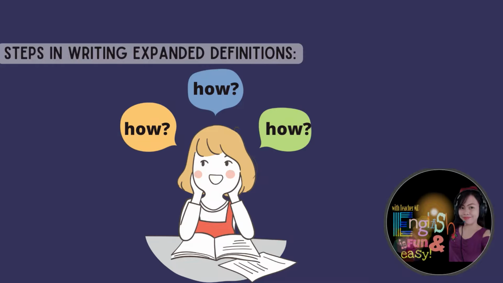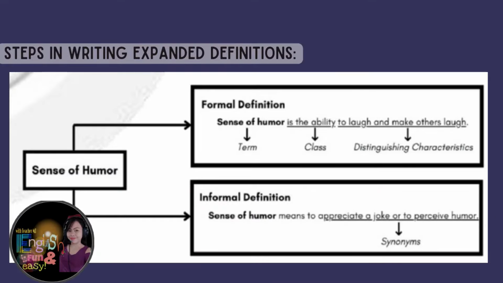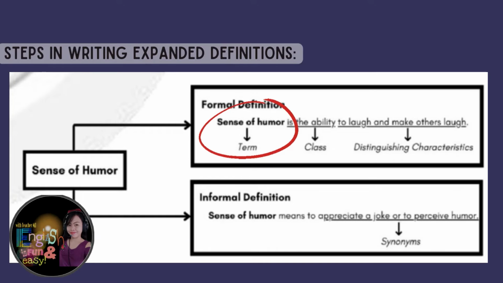Let us first differentiate formal and informal definitions. A formal definition consists of three parts: the term being defined, the class it belongs to, and its distinguishing characteristics. What is the term being defined in the sample sentences that you have? Yes, sense of humor. Then, what do we mean by class? Saang category ba kabilang yung word?